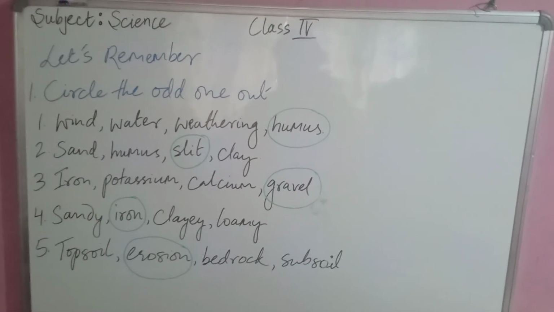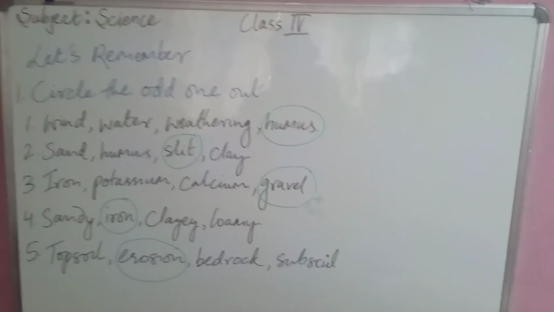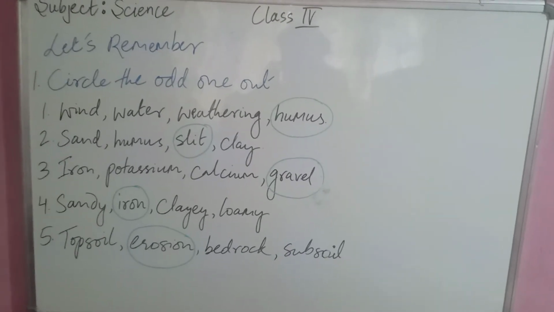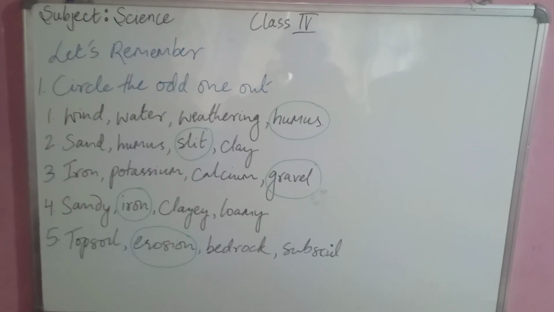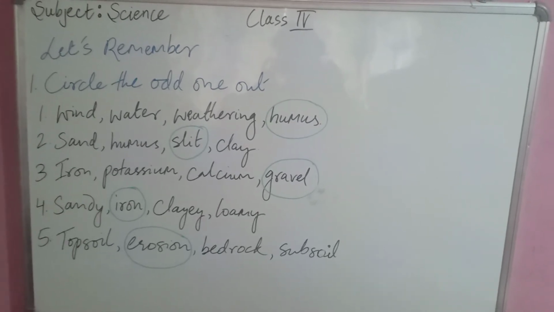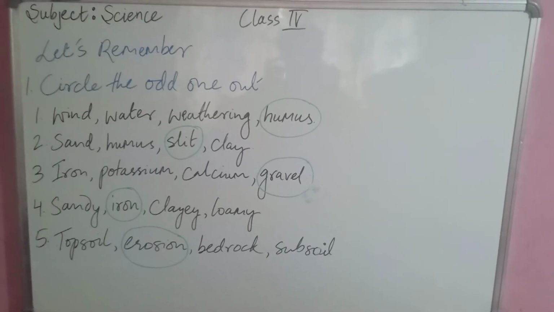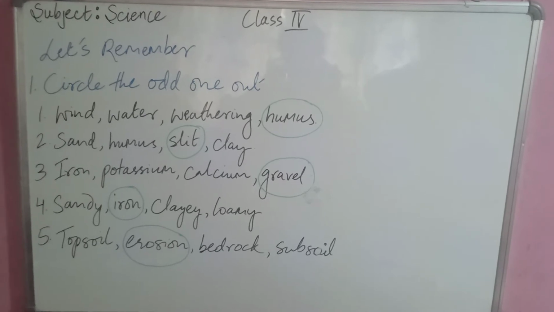Then iron, potassium, calcium and gravel. So gravel is the odd one. Then sandy, iron, clay and loamy. So iron is the odd one here. Then question 5: topsoil, erosion, bedrock and subsoil. We have to circle erosion.